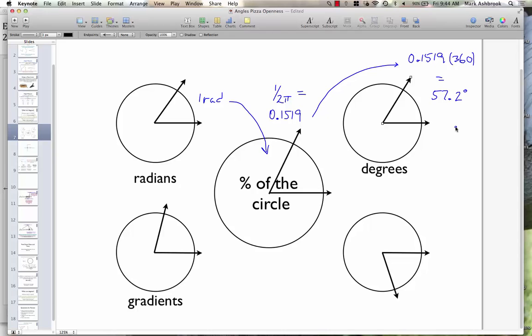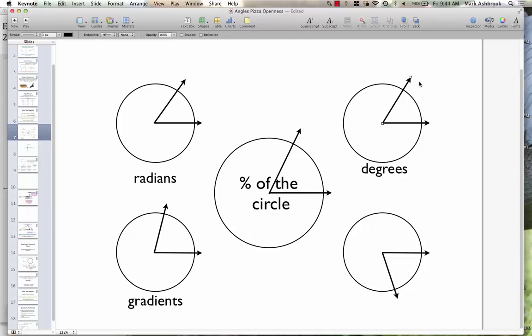Okay. So I want you to use this approach to find how many radians is 212 degrees. First of all, where is 212 degrees? Which quadrant? So this is 90, 180, 270, so 212 is somewhere down here.